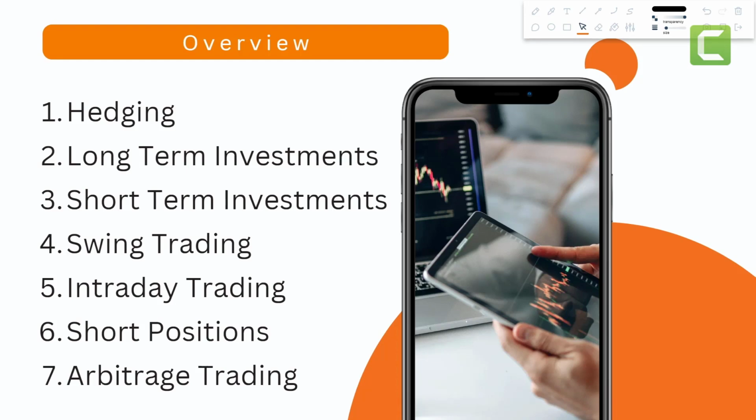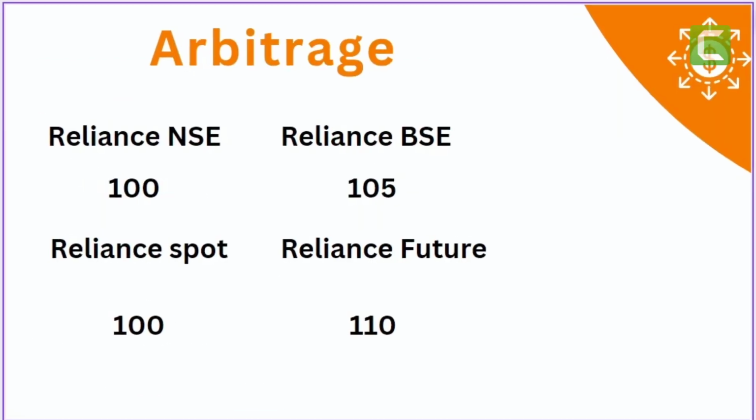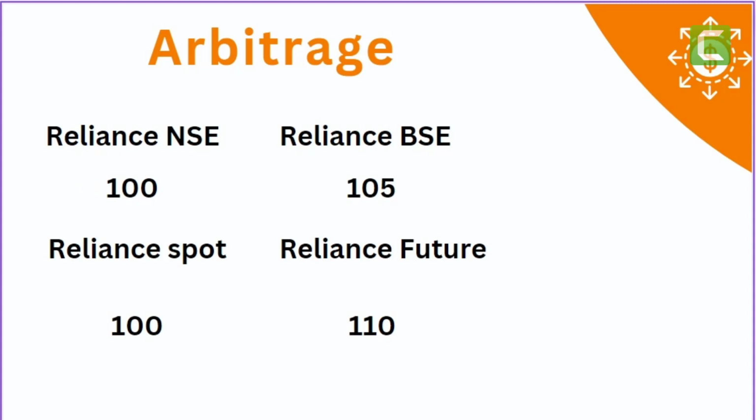Now coming to arbitrage trading, even in yesterday's video we discussed it, but in today's video we're going to discuss it along with examples. Yes guys, let's discuss arbitrage. It looks like a complex subject, but it's very easy once you understand.